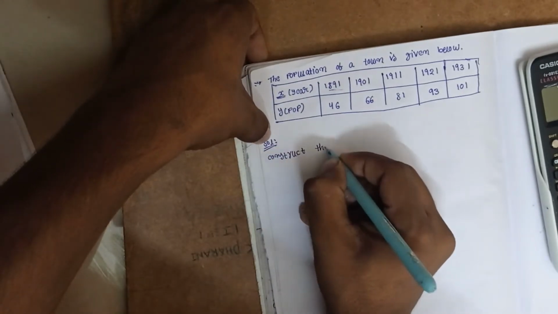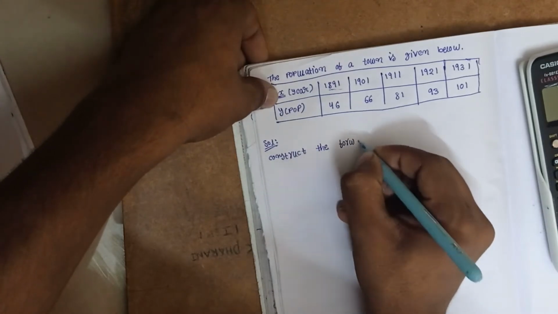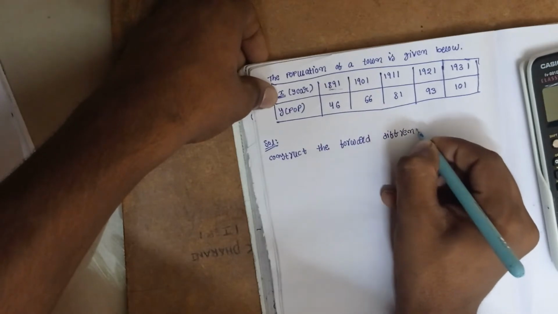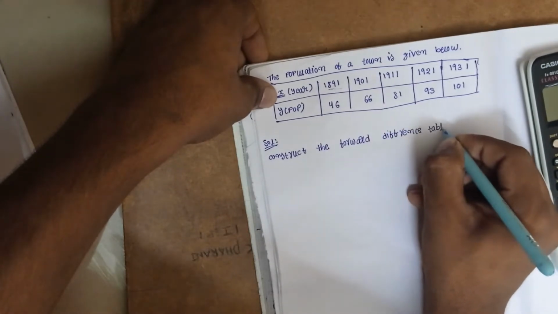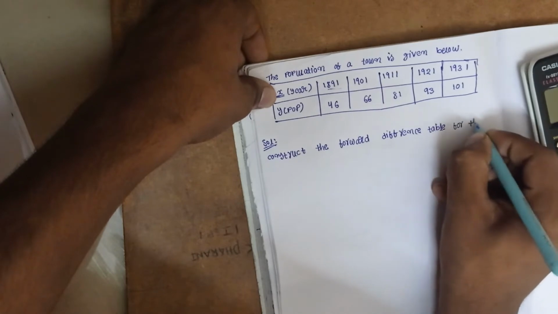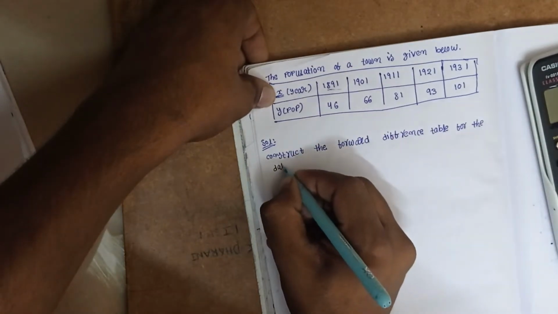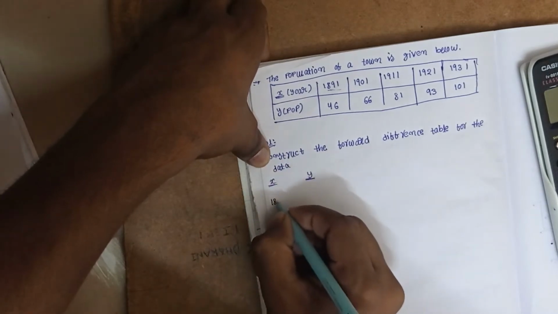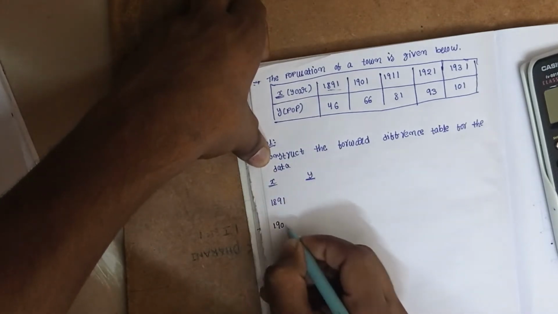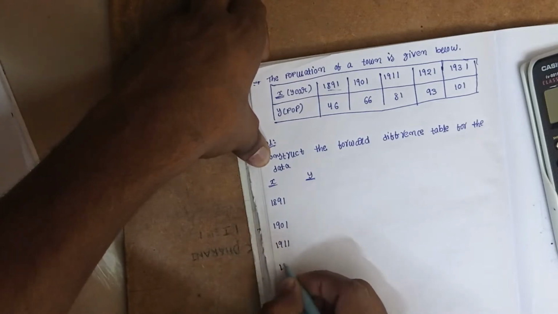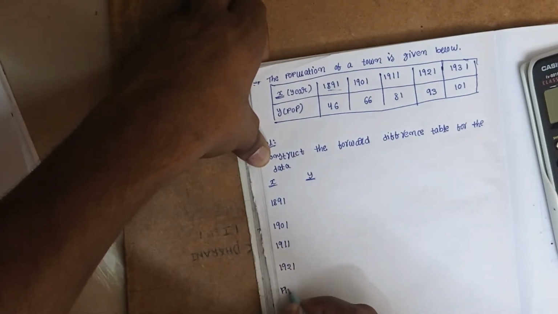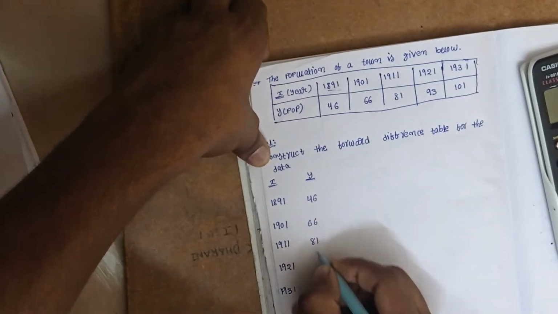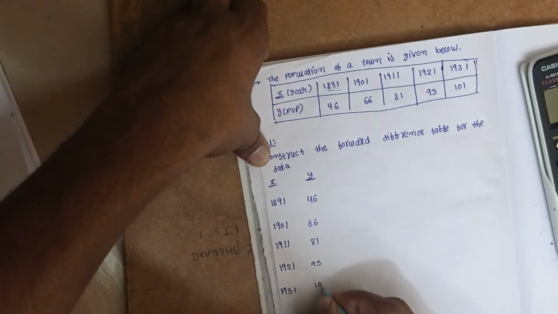First of all, construct the forward difference table for the data x, y: x is 1891, 1901, 1911, 1921, 1931, and y is 46, 66, 81, 93, 101.